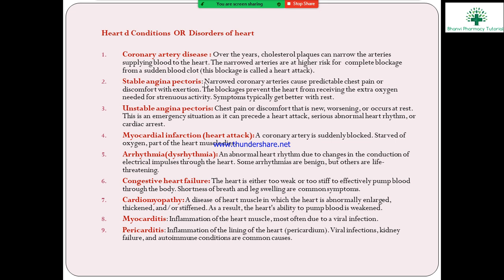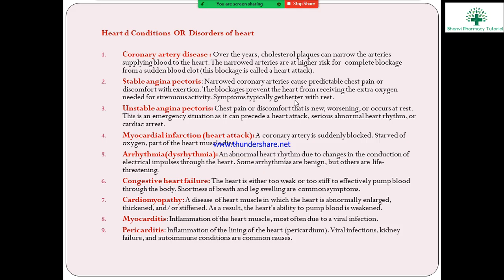Next, stable angina pectoris. In angina pectoris, the narrowed coronary artery causes predictable chest pain. Pain or discomfort occurs in the center of the chest with exertion. The blockage prevents the heart from receiving the extra oxygen needed for strenuous activity.